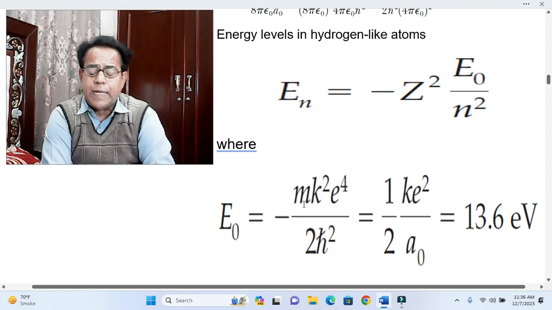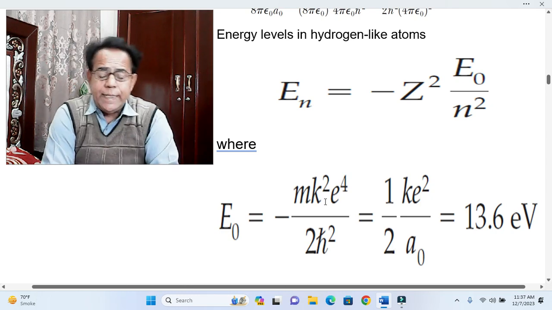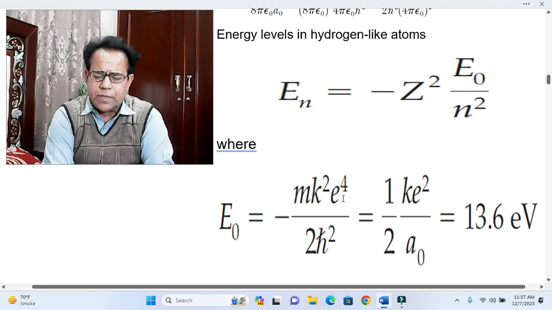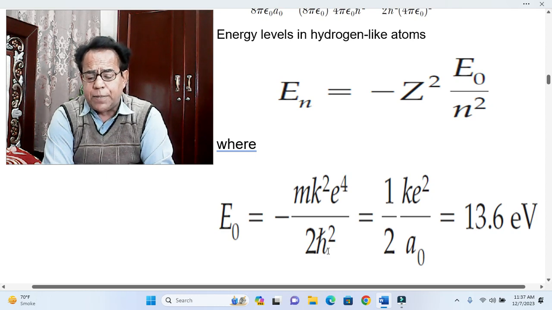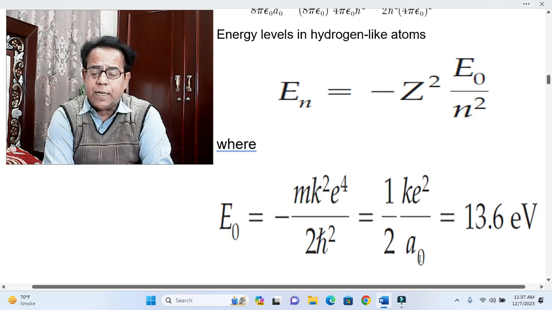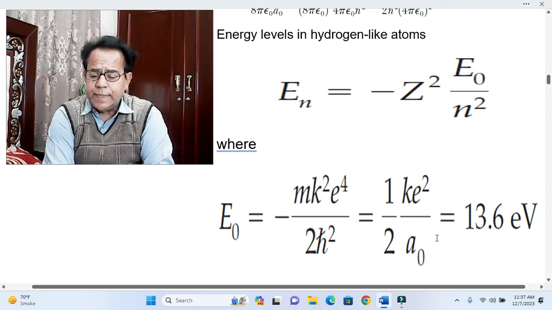Dear students, here m is the mass, k is 1 over 4 pi epsilon naught, electric constant, e is electronic charge or elementary charge, charge on an electron, charge on a proton, divided by 2 h cut or h bar or h reduced, this is Planck's constant divided by 2 pi. This is alternatively equal to k e square over 2 a naught, where a naught is Bohr radius. This is alternatively equal to 13.6 electron volt.